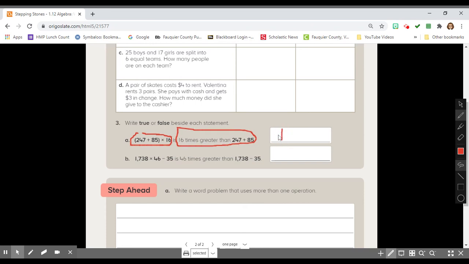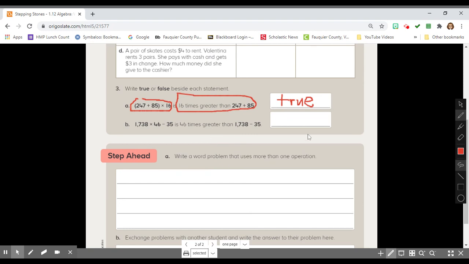This is true, because it's like putting an equal sign there. It's the words. It's the exact same thing. You've got to look for the wording. You have to say it in your head a couple times.